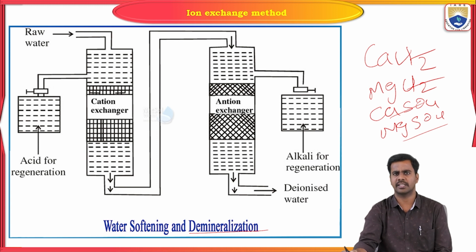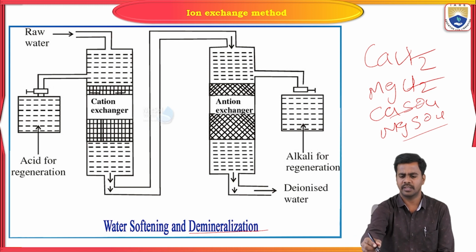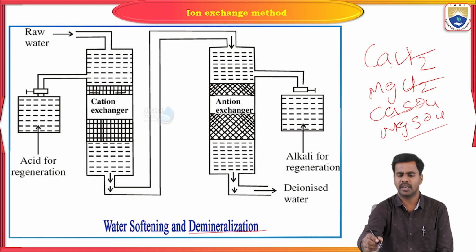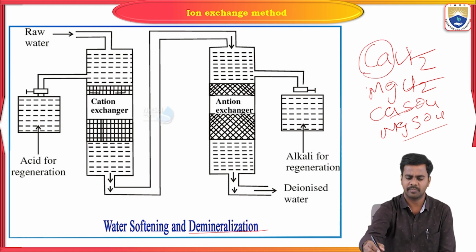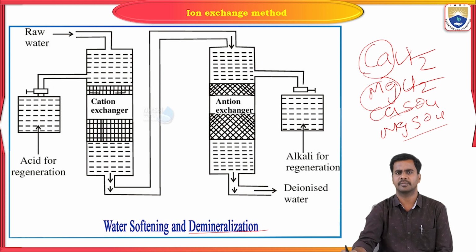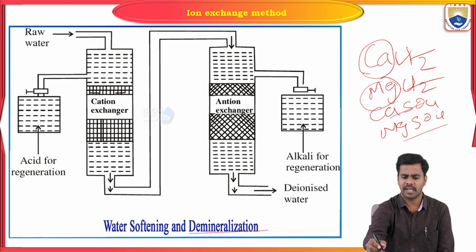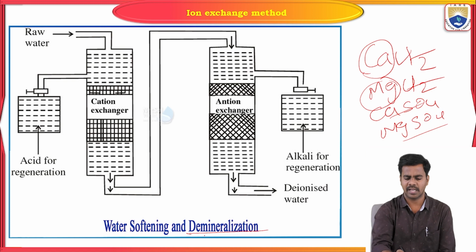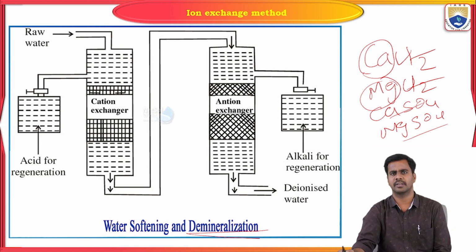By using the ion exchange method, we are going to remove these salts from water. Usually calcium and magnesium are also known as minerals, so in this method we also remove calcium and magnesium from the water. That's why the ion exchange method is also known as the demineralization process.